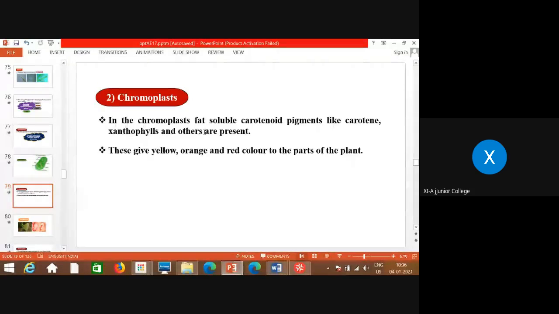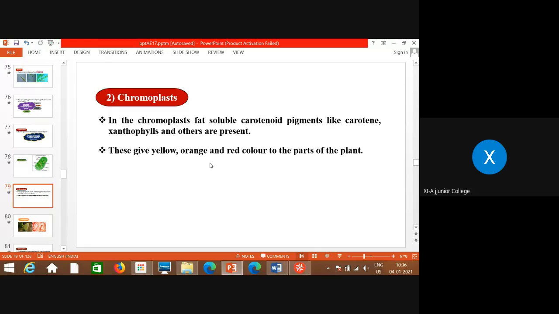The fat soluble carotenoids. Carotenoids are carotenes and xanthophylls. Carotene are orange colored pigments, xanthophyll are yellow colored pigments, and a few more others are present. So together they are called carotenoids.